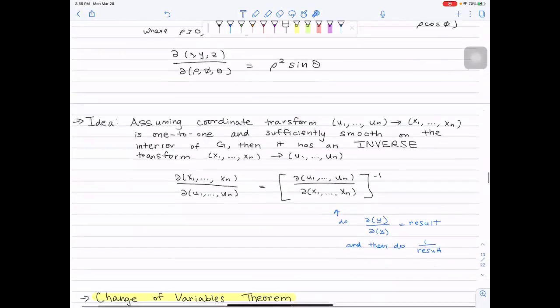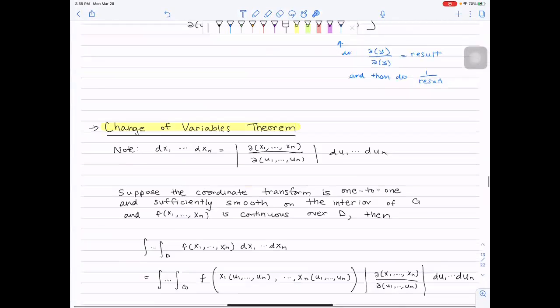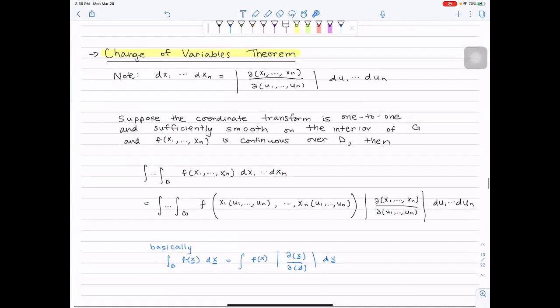Okay, so what does our formula say? Our formula says that the integral of some function f with respect to x1 through xn, dx1 ... dxn, equals the integral of f of x of u1 through un times the determinant of the Jacobian matrix. Let me write it here so we can reference it.